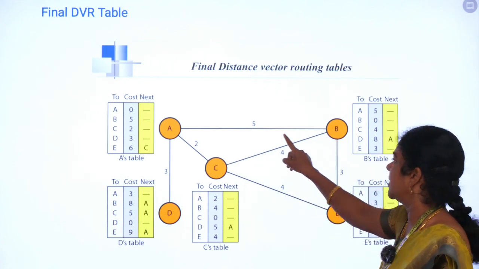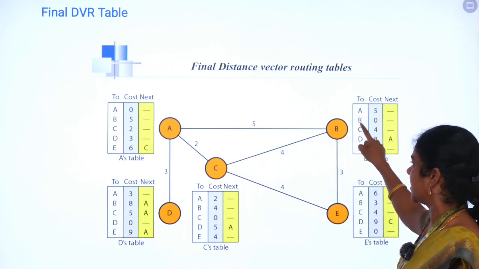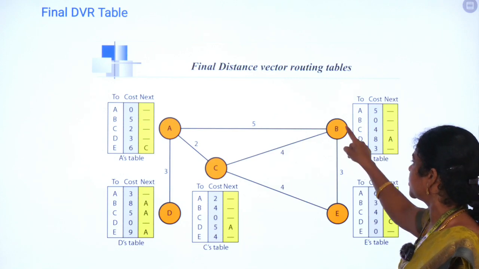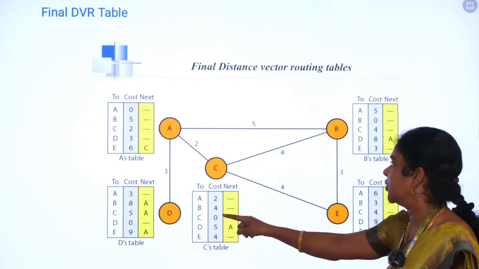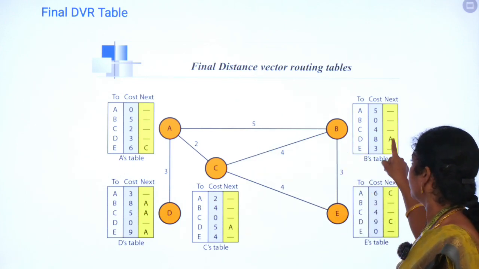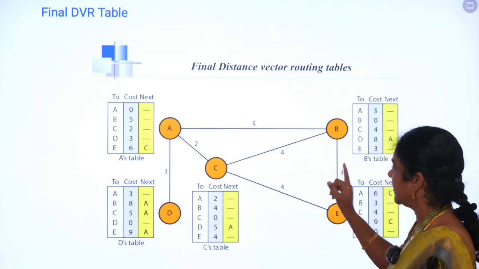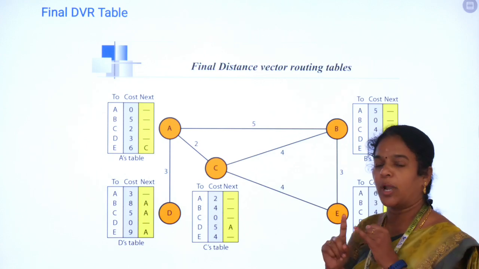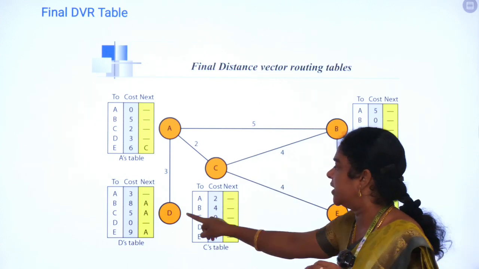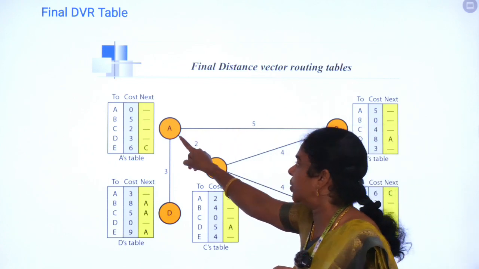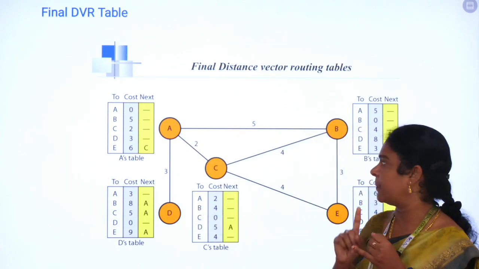Okay, so in this B table, A to B cost is 5. B is the self node, so no loop, 0. B to C, already we know the cost is 4. B to D, okay, we go through A only. We can reach through only one intermediate node. That is B to D we can reach as B to A to D. One method.